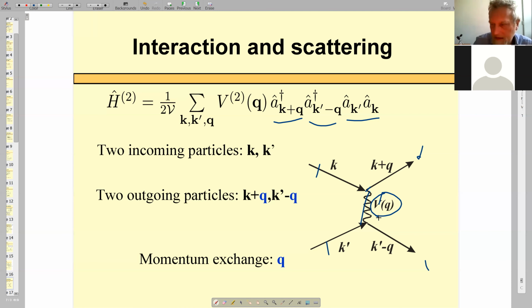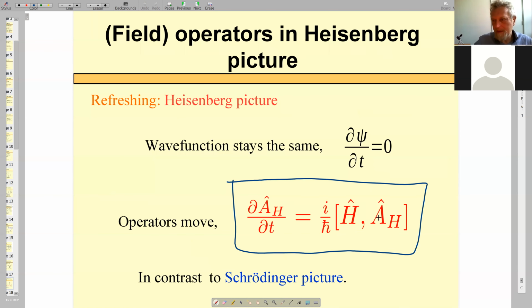All right, that's what I said about interaction. Let me talk about field operators in the Heisenberg picture. We have recently recalled, or whatever, learned the Heisenberg picture. As we know, in this picture, in contrast to the Schrödinger picture, wave functions do not change at all.